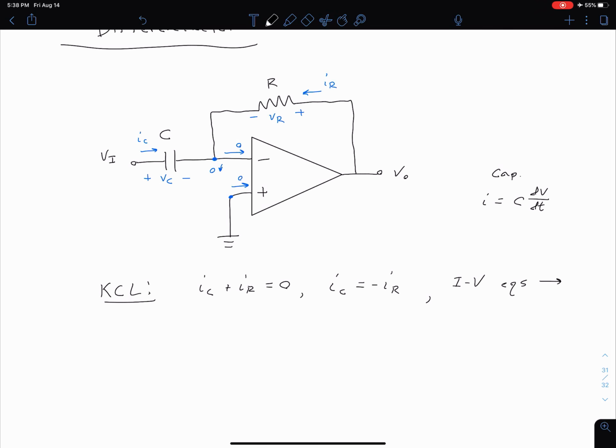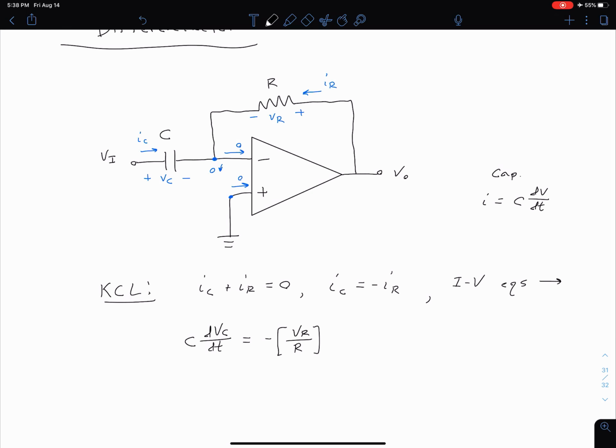Okay, so for our capacitor, we can plug that in. We have that IC is equal to C dVC/dt, because VC is the voltage across the capacitor. We know that's equal to negative, where that negative sign is just following along from the previous line, from Ohm's law, IR is VR divided by R. Okay, but because we said this is an ideal op-amp, zero differential input voltage, our inverting terminal is a virtual ground, we can see that our VC is actually equal to Vi, and we can see that our VR is actually equal to Vout.